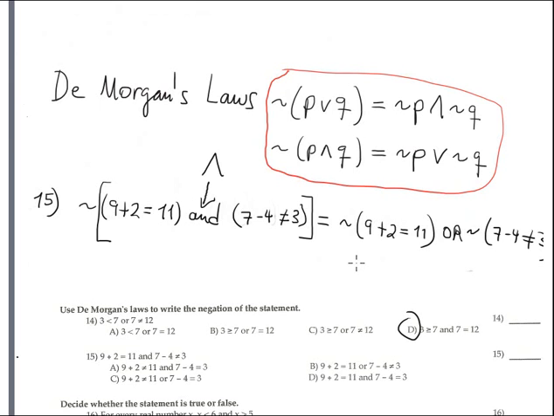Negation of this statement is 9 plus 2 different to 11, or 7 minus 4 equal 3. Okay, this answer corresponds with the option C. It is the correct answer.